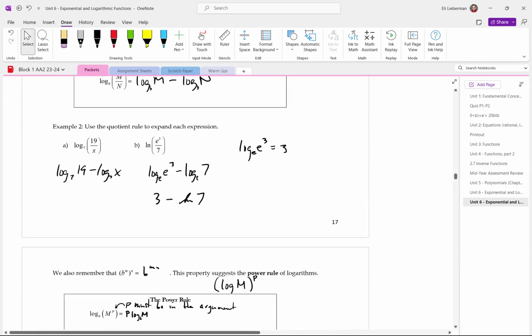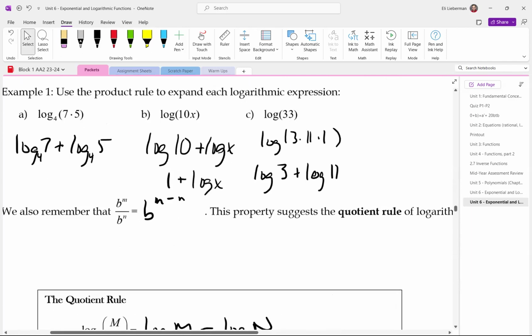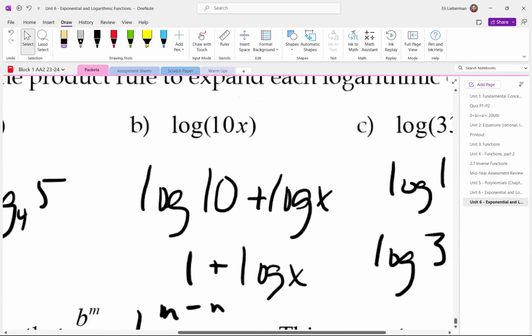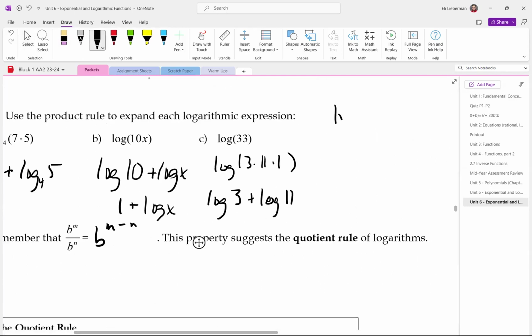Let's see, was there a key to that up here? Yeah, like here, the log of 10x. Otherwise, it could be the log of 10 times x. It's unclear. If it was that, there would be other parentheses, right? If it was log of 10 times x, there would be other markings.